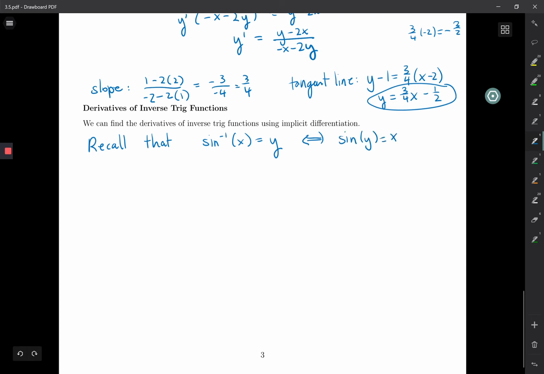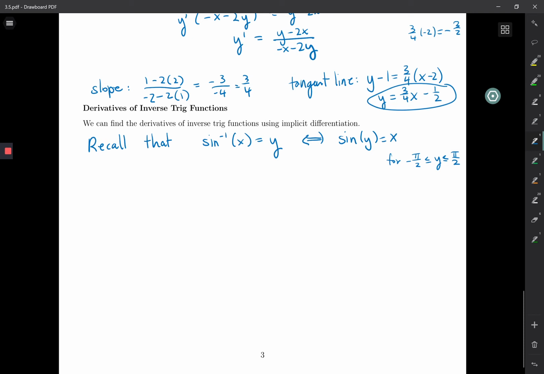And this is just what it means for this function to be the inverse of sine, right? That's just the definition. And the domain was, this is for y between minus pi over 2 and pi over 2, right? So we had to restrict the domain in this case.